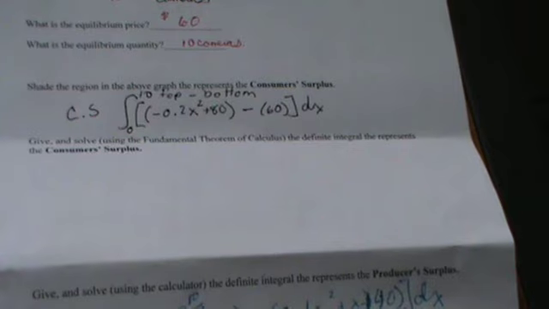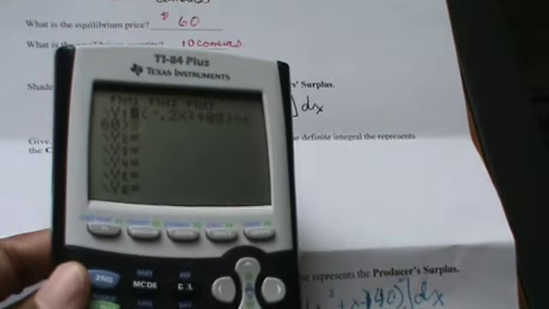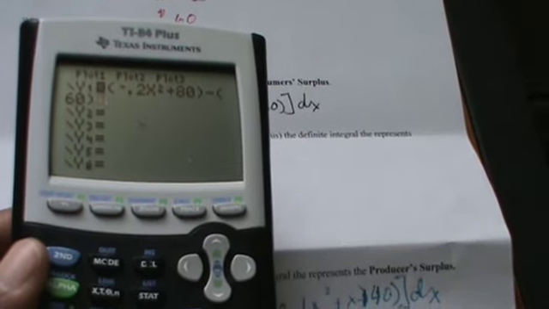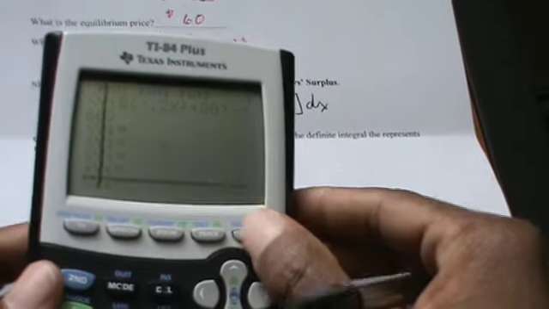So I get negative 0.2 x squared plus 80, and I'm going to subtract off the 60. I will show you what I'm plugging in my calculator. I tend to put parentheses around both functions so that I won't forget to distribute if necessary. So I'm going to graph that.